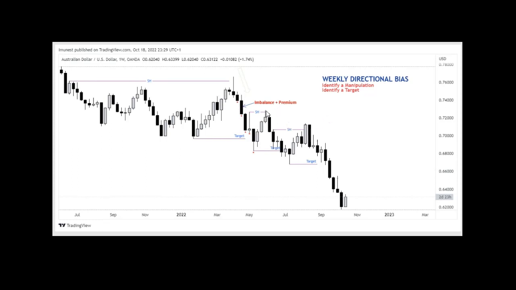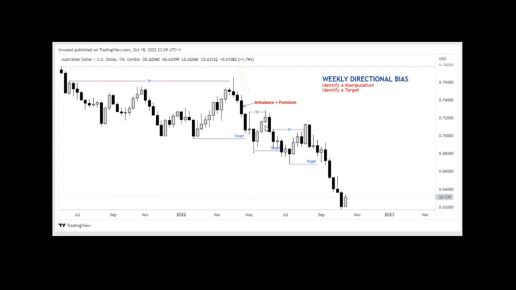We noticed again a manipulation. This candle traded above this high and then closed below it. That's typical of a manipulation, and we identify this target, which is going to be our weak low.